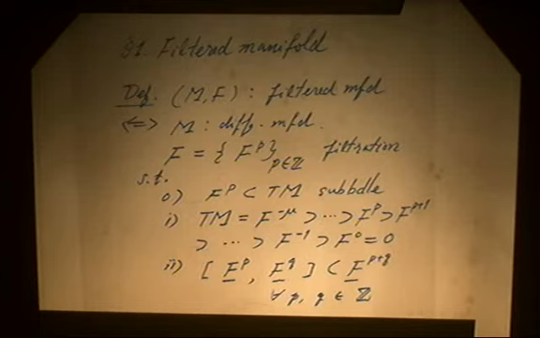And the bracket of a section of F^p and a section of F^q is contained in the sections of F^(p+q). Here, the underbar denotes the sheaf of germs of sections of the vector bundle F^p. This is a very natural condition, so I say a filtered manifold is a manifold equipped with a filtration satisfying these conditions.